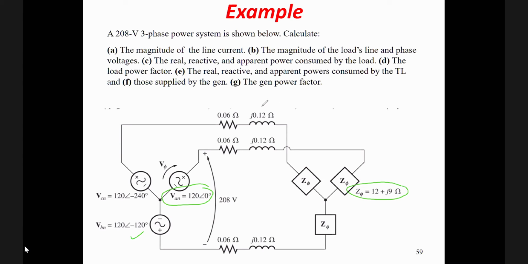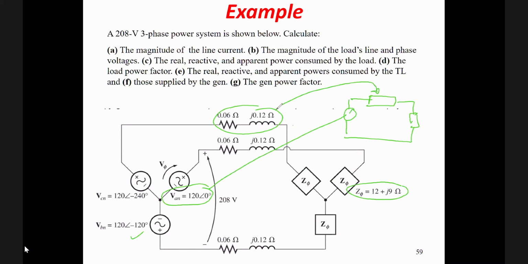But here we have an impedance. What would be the difference here? Well, to analyze this, we need to go through the single phase representation, where the voltage is this, the impedance is this, the impedance is this.